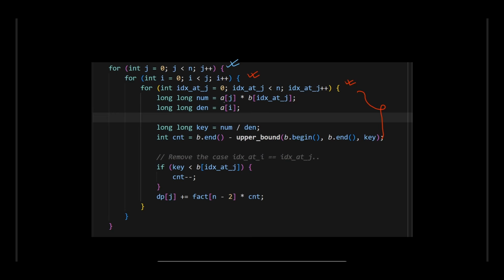So this is the numerator that you wanted, a of j into b of y, this is the denominator and this is your key, and you are looking for all the elements that are strictly greater than key, right? And of course, if you are doing the binary search on the array, you have to make sure that this key doesn't become equal to this element that you have just chosen, right? So that's why if you have over counted, you reduce the count by 1.